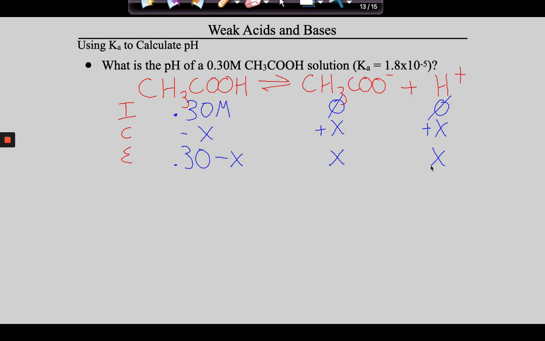Some of you are starting to have the quadratic formula shakes. Check this out. Okay, here we go. Ka is equal to acetate ion, hydrogen ion, and acetic acid.